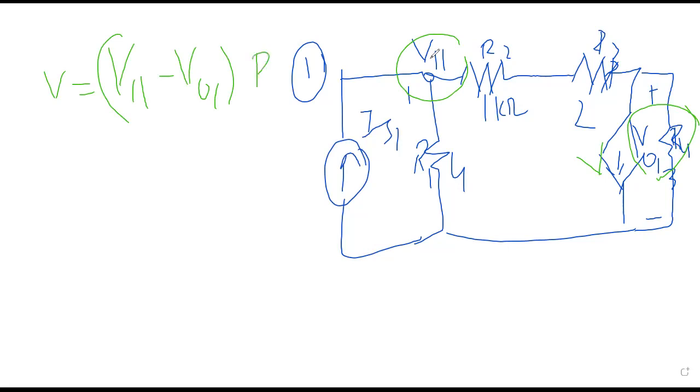So it must be R2 divided by R2 plus R3. This is basically summing the currents for the first node.